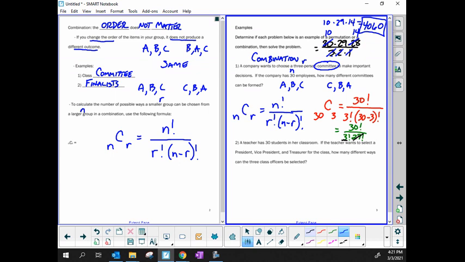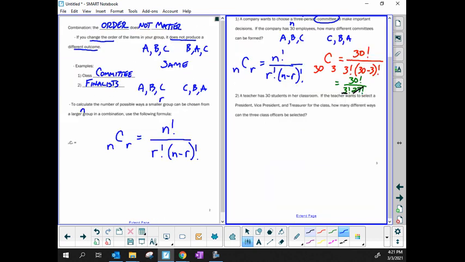All right, number 2. A teacher has 30 students in her classroom. If the teacher wants to select a president, vice president, and treasurer for the class, how many different ways can the 3 class officers be selected? Well, we said before, if it's class officers, that's a permutation. Why? Because the order matters, right?